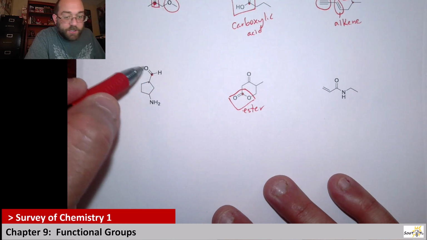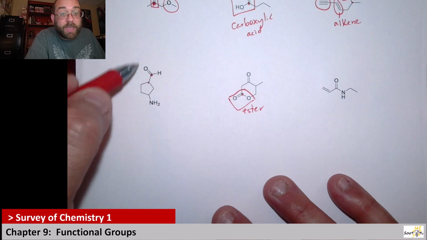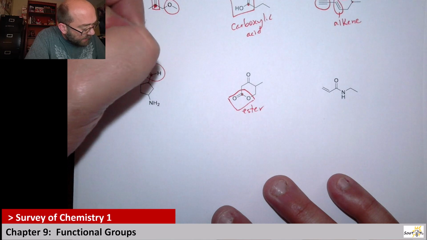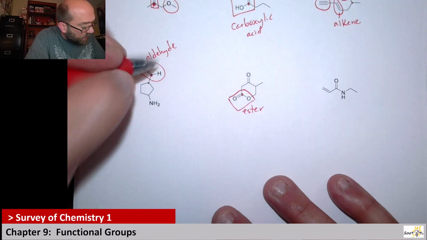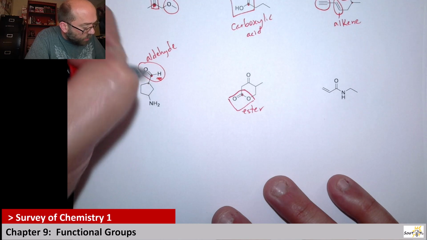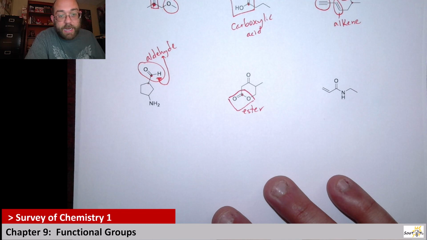So when you have this carbonyl, this double bonded oxygen at the end of a chain, this is not a ketone. This is an aldehyde. That H on this carbon with the carbonyl tells you it's an aldehyde.